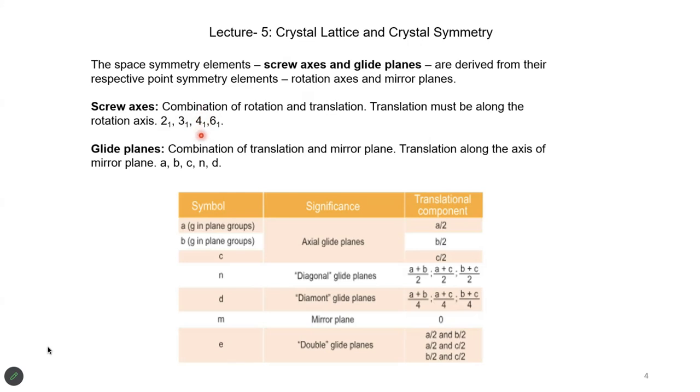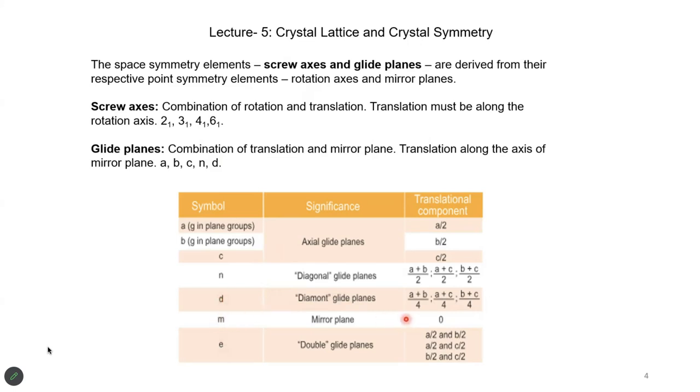Similarly, threefold, fourfold, sixfold. Again, combination of translation and mirror plane gives us glide planes. So glides tend to be axial glide planes, A glide, B glide, C glide, and then we have also diagonal glide planes, that is N glide, and then we have diamond glide planes, that is D glide.